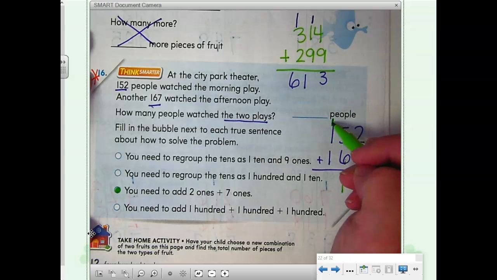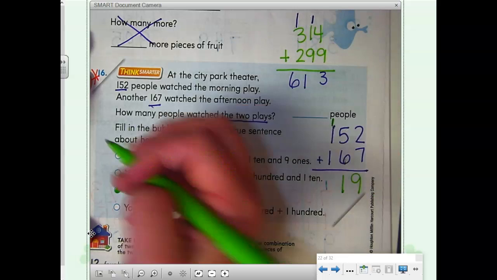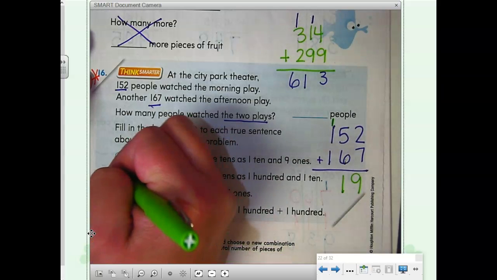It's 1 hundred and 1 ten. So you need to regroup the tens as 1 hundred and 1 ten.